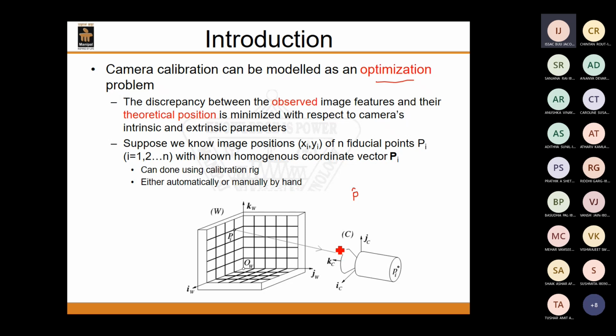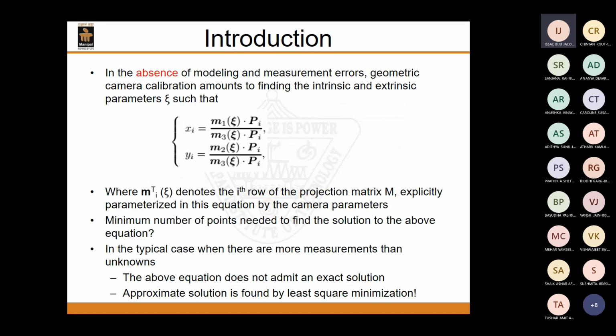We see how good the values are, and depending on that we keep changing the estimate of the camera parameters in such a way that the back projected images will show proper results. So I'll just explain what that means with the help of a diagram.